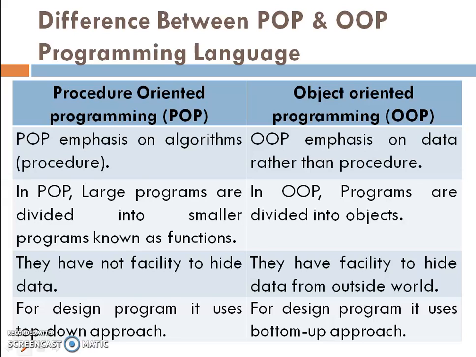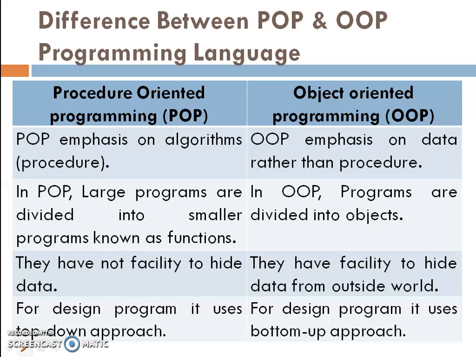Now, second point, in POP, large programs are divided into smaller programs known as function. In OOP, programs are divided into objects. Now, third point, POP have not facility to hide data, and OOP have facility to hide data from outside world.